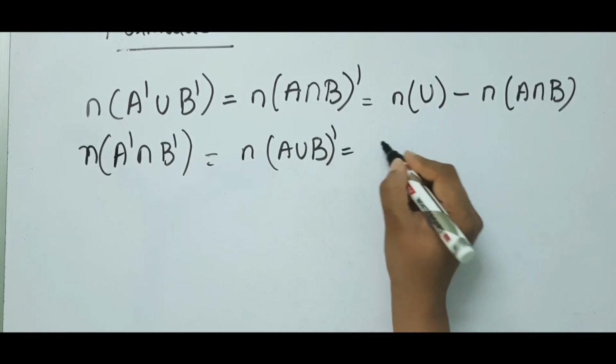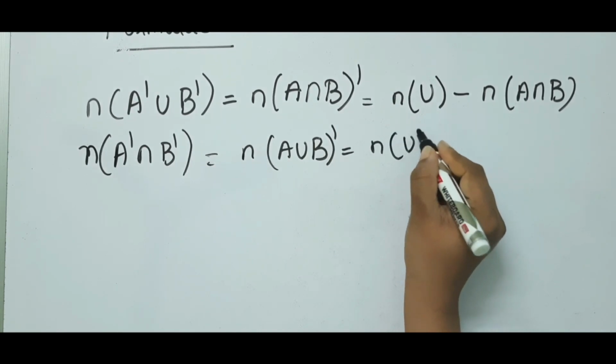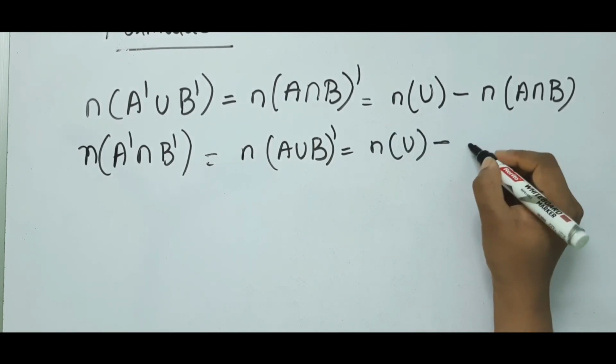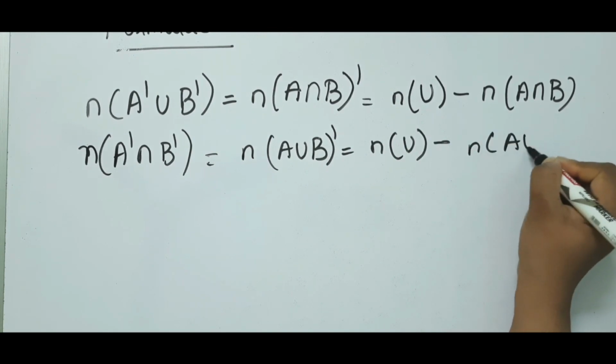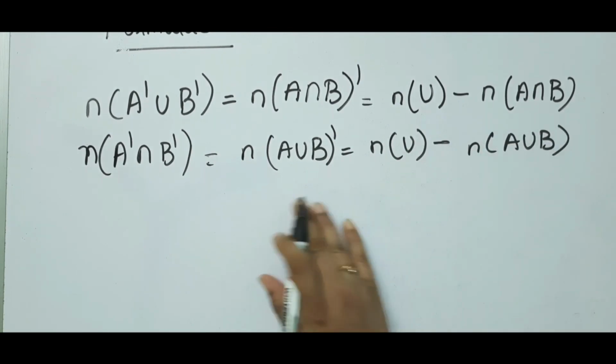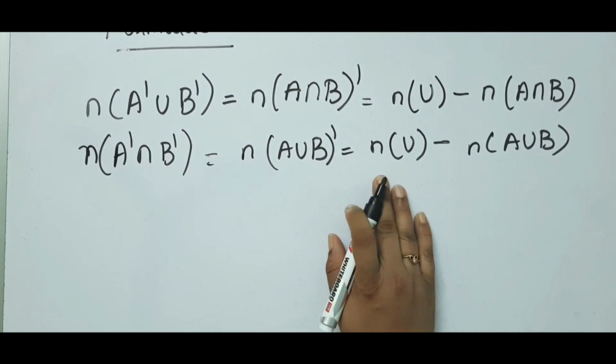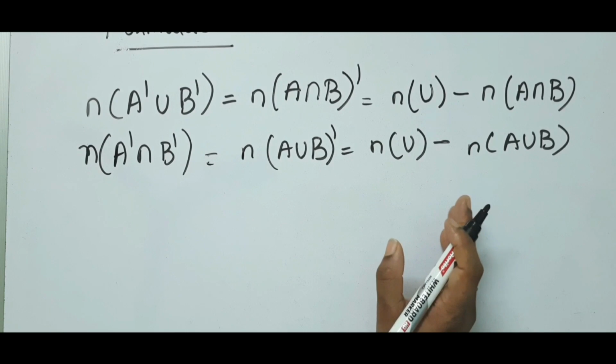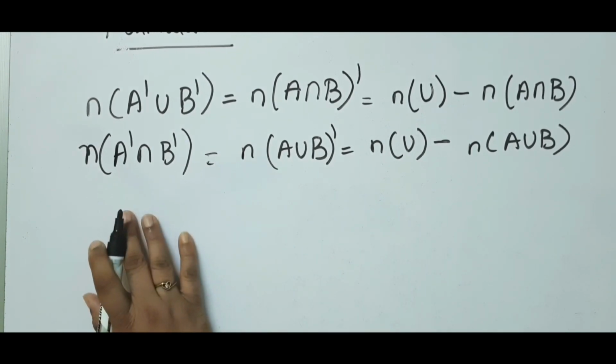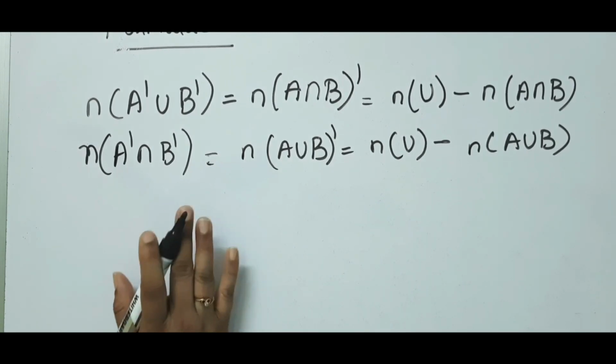So this is nothing but number of elements of universal set minus number of elements of A union B. As we are dealing with union, we have to subtract from the universal set the number of elements which are in the union of the two sets. Then you will get the number of elements of A complement intersection B complement.